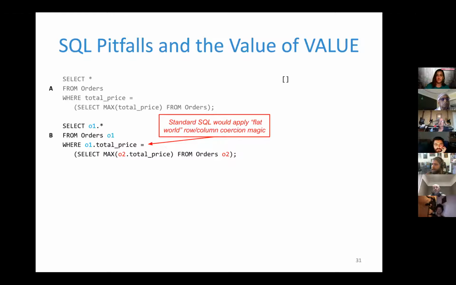In SQL that works, because in the subquery you get back a table with one column and one row, and that's exactly the scalar that you're getting. But since we want to deal with nested data, we can't do this coercion. So right now we're comparing the result of the subquery with a single value, and that doesn't work. The comparison itself will return null, which means in the where clause we won't get any records that qualify.